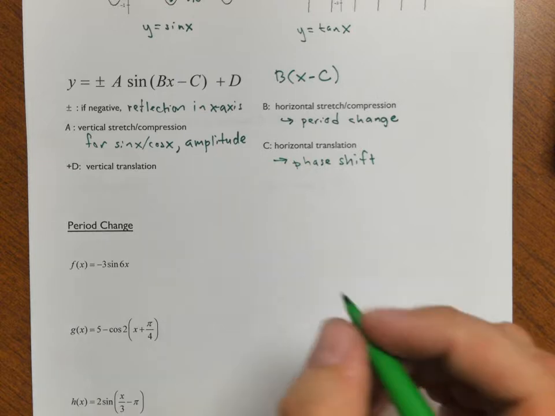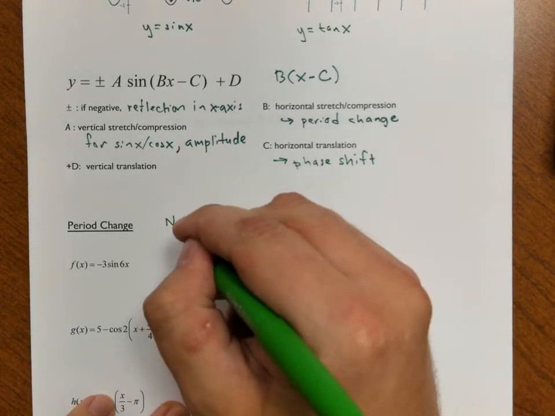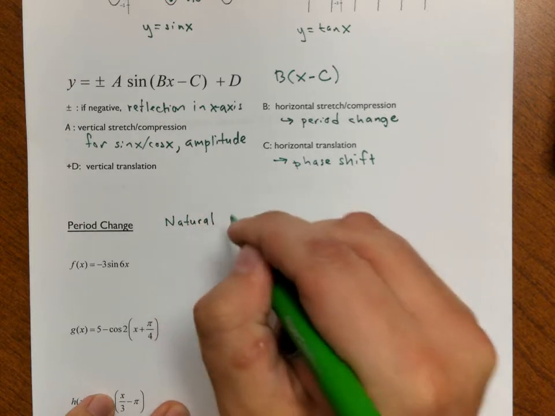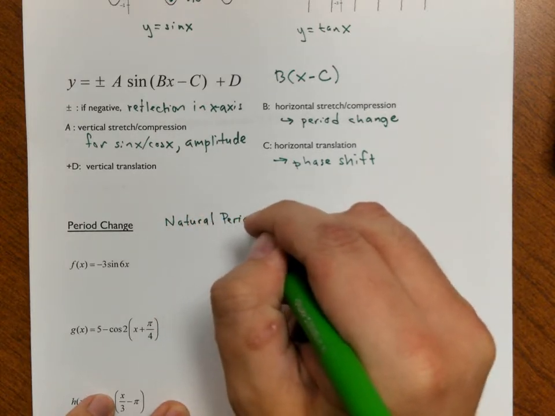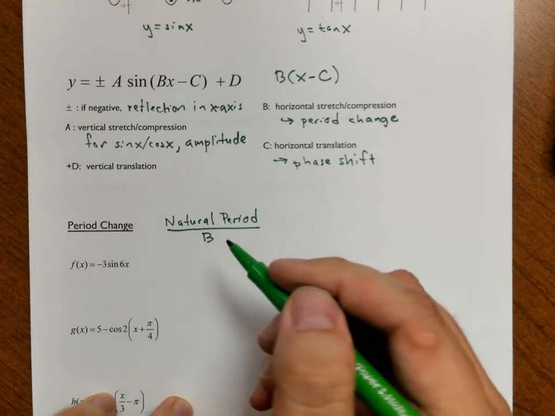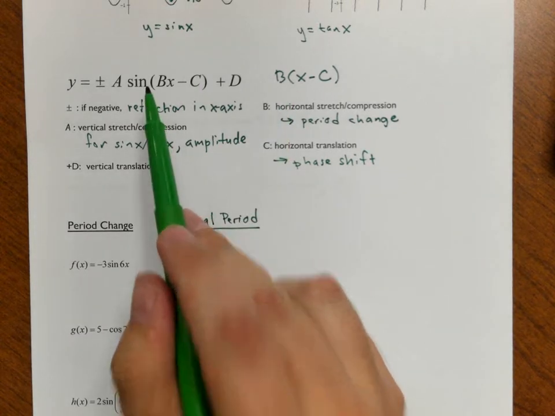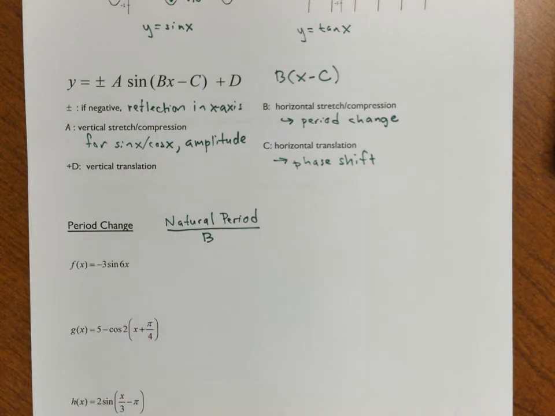To calculate a period change, I'm going to take the natural, sometimes called the fundamental, period and divide it by b. Whatever the coefficient of my x happens to be, whether it's factored out or multiplied in, I will divide by b.